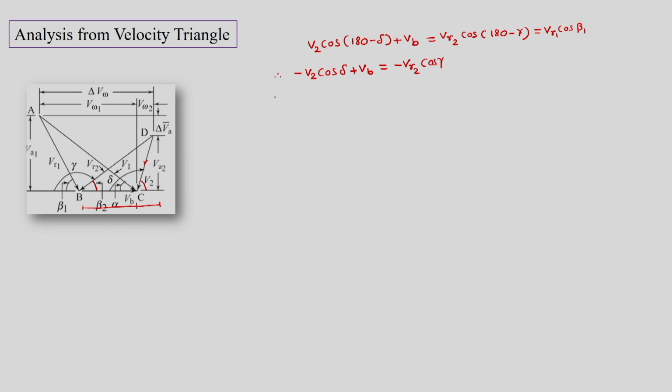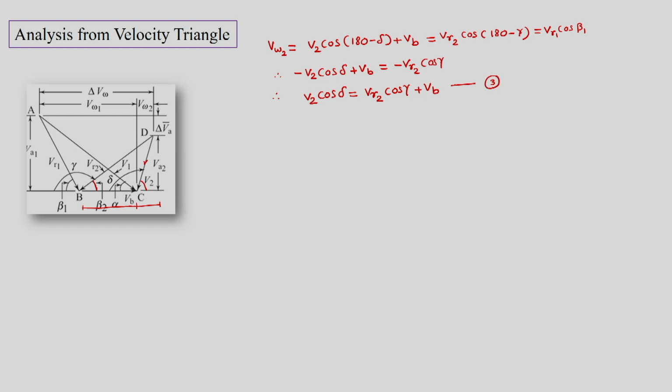So, we can write it as V2 cos of delta is equal to VR2 cos of gamma minus Vb. This is our equation number 3.